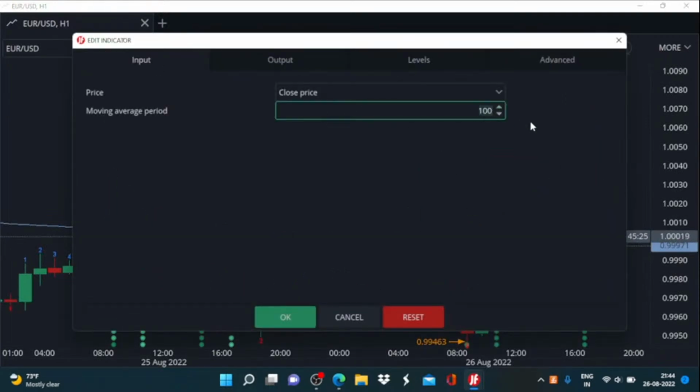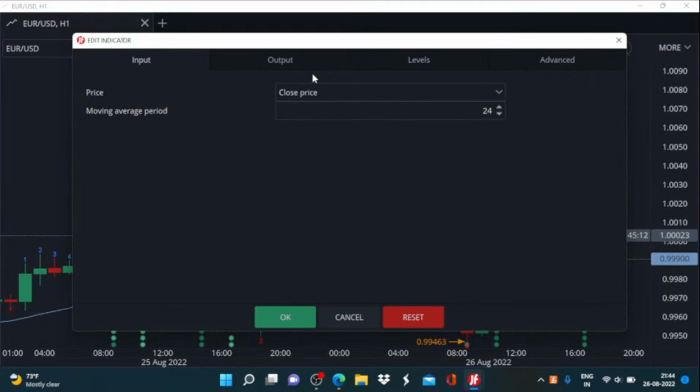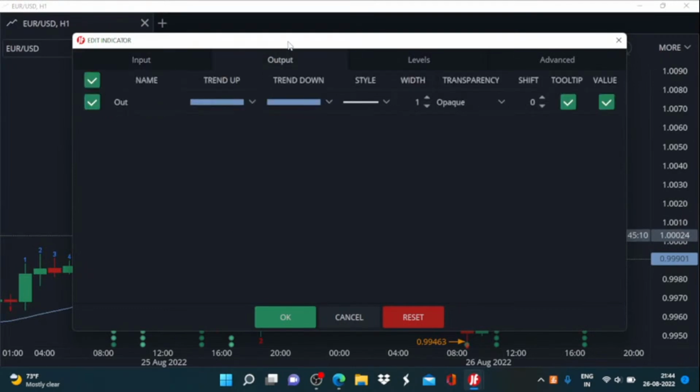So I will now revert it back to say 24 so that we get the plotting of the MD using last 24 hours, that is 1 day's worth of data. The output can be styled up. If you don't really like single simple line, then you can style it up.